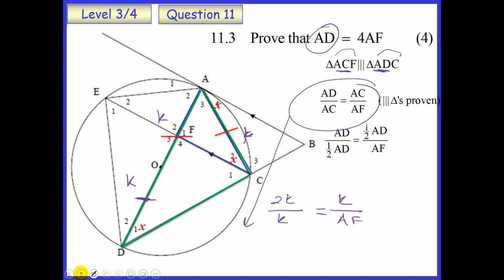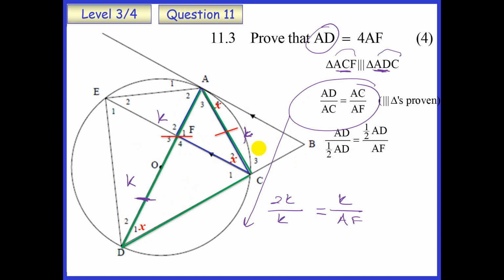Now, putting into ratio and proportion, we are saying AD over AC, but remember AC is actually equal to half AD, so I'm replacing all the ACs with half of AD.